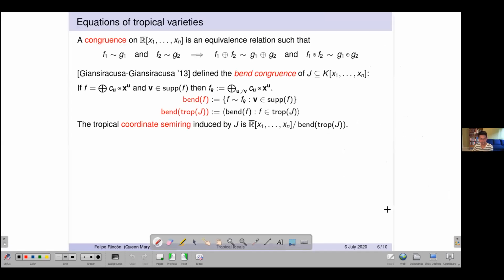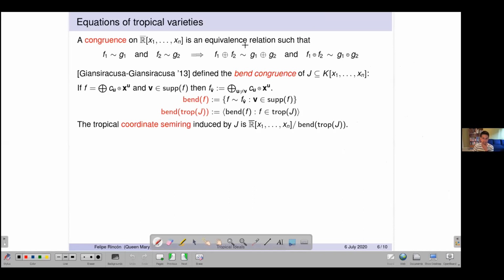What you want to do tropically is to use this notion of congruence on the tropical polynomial semiring. That's what Jeff and Noah Giansiracusa did in 2013. What is a congruence? It's simply an equivalence relation. Remember, we just want to say when two tropical polynomials are the same on your variety. That's the intuition we should have.